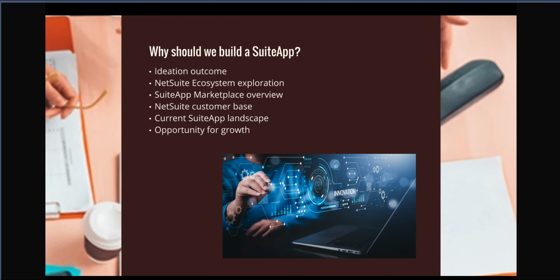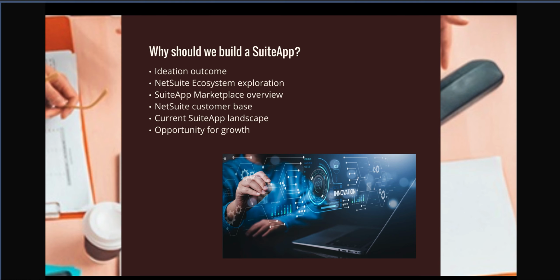The suite app marketplace is NetSuite's official marketplace for suite apps, which are custom applications developed by NetSuite partners and developers. This marketplace serves as a centralized hub where NetSuite users can discover, evaluate, and acquire suite apps to enhance their NetSuite experience.